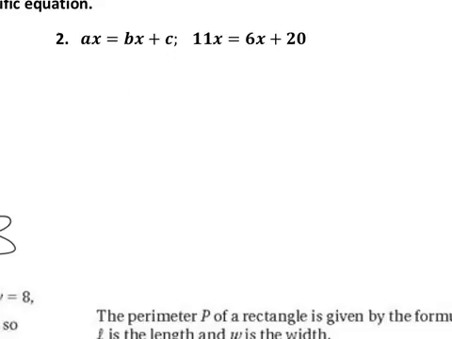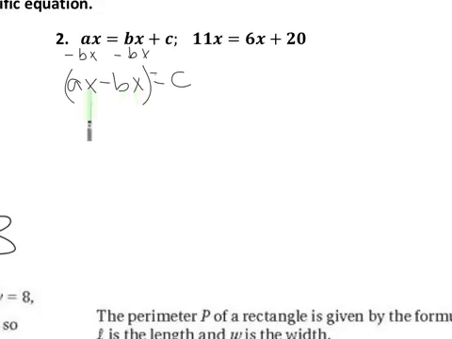Alright, so this one's going to be tricky, but we're solving the equation for the x. So what we need to do is we need to get the x's on the same side. So subtract the bx over. You have ax minus bx equals c. And see how these two have the x in common? Then what we need to do is factor it out.